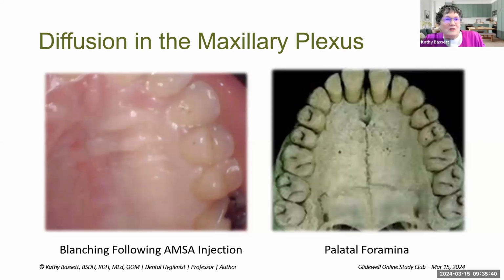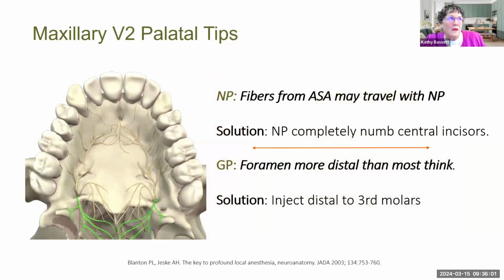It really allows you to leverage what we know in pathology as the pathway of least resistance. So if we combine this compressive feature of attached gingiva with the porosity underneath it, then the drug can be easily motivated to move through that palatal tissue.